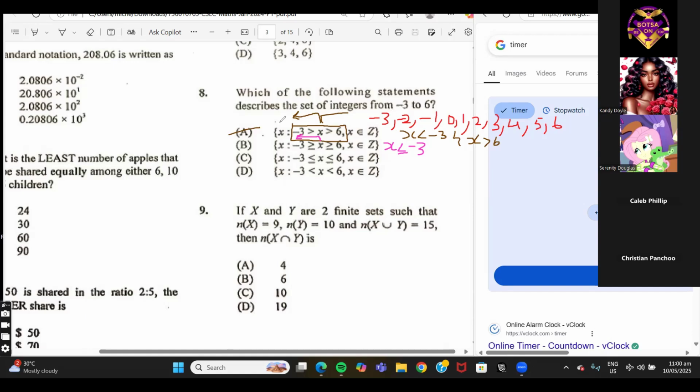That's not correct either. The second part is saying x is greater than or equal to 6. That is wrong as well. It does have the 6, but numbers bigger than 6 will be 7, 8, 9, 10, and this information doesn't include any of that. So B is also wrong.